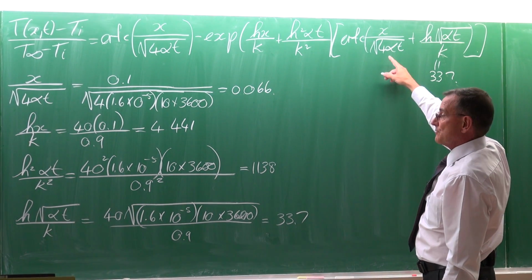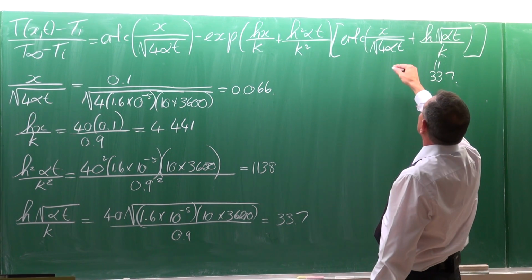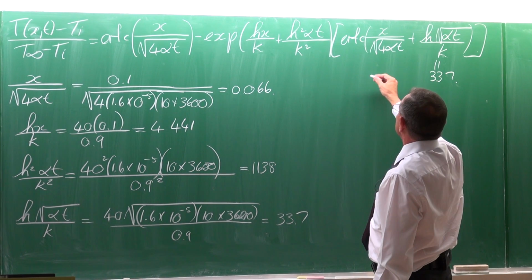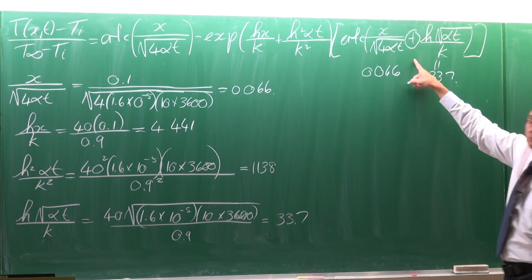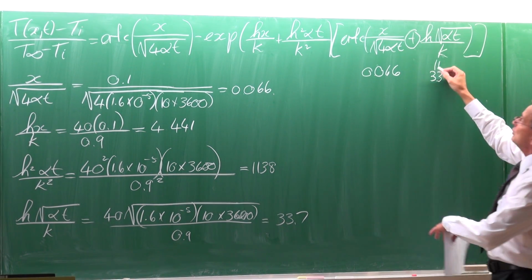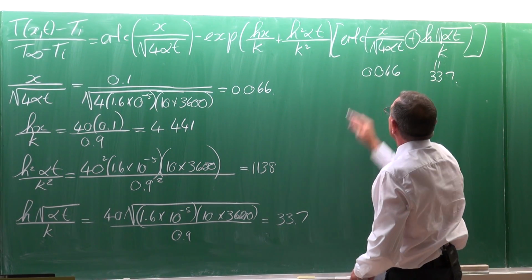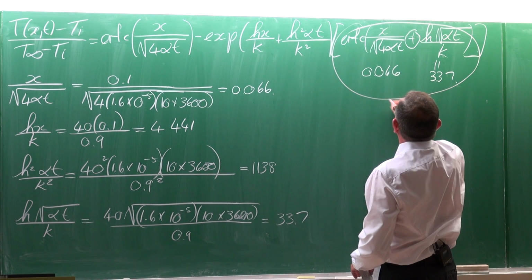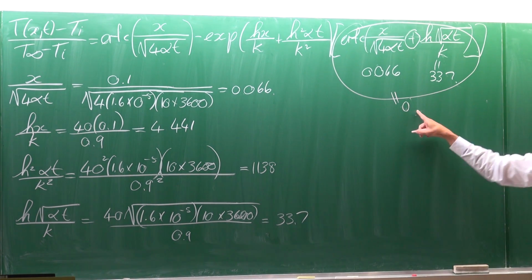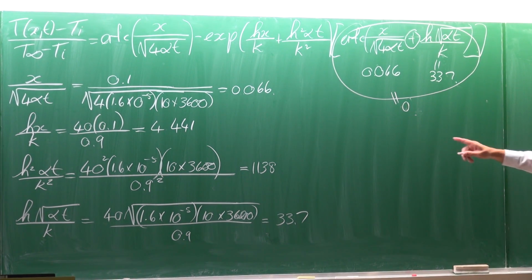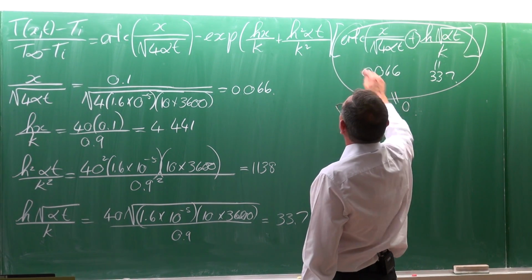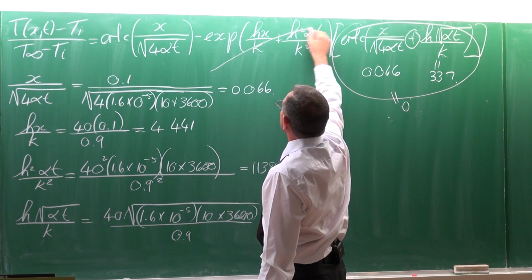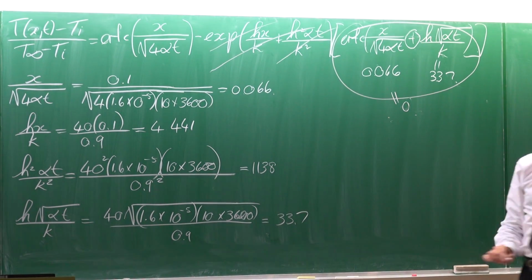This one, x times, is 0.066, but in any case it's a plus. So if you look at this, you can see that this term is equal to 0. If that is equal to 0, then you multiply this by 0, so it means that all that disappears.